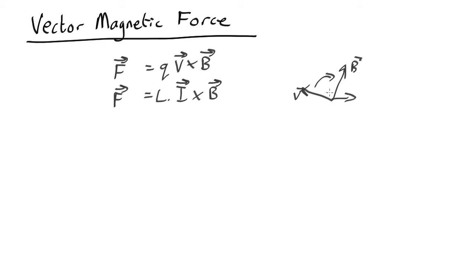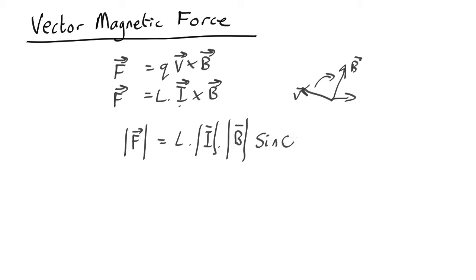What if the velocity and magnetic field, or the current and magnetic field, are not at right angles? Well, it turns out that the strength of the force, so that's the amplitude, the modulus, so the vertical lines meaning just how long the vector is ignoring the direction, is equal to L, the modulus of the current, the modulus of the magnetic field, times the sine of the angle between them.